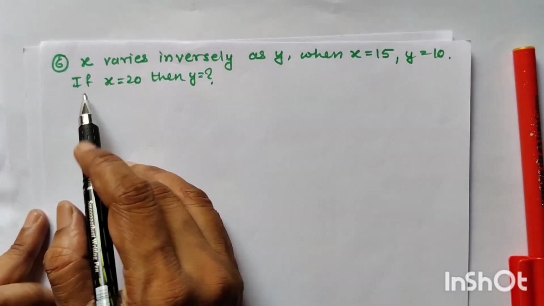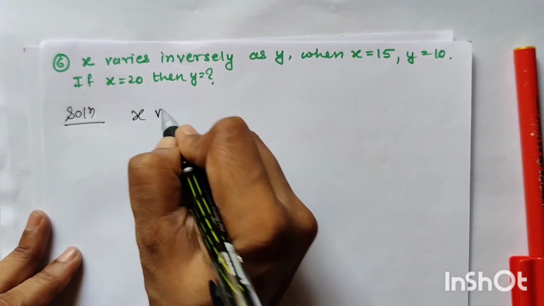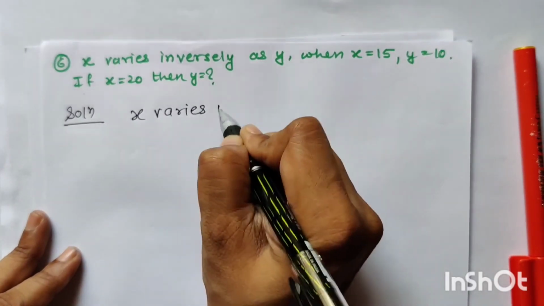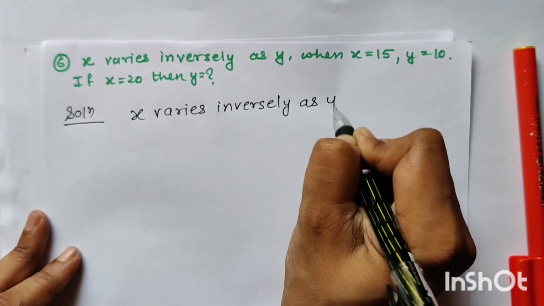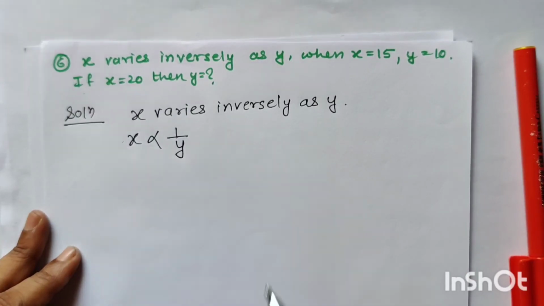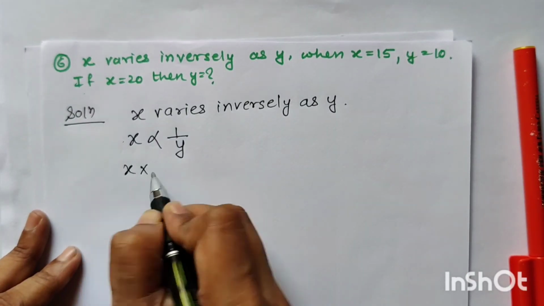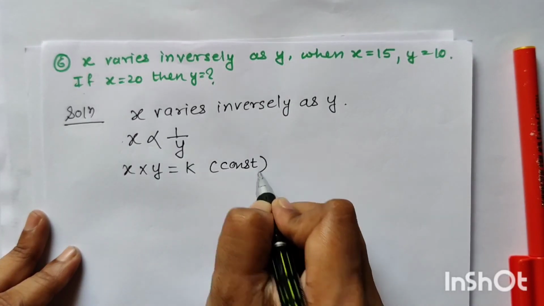Now see the last sum. Very easy. x varies inversely as y. So how to write in the statement form? x varies inversely as y. That means in equation form, x multiplied by y is equal to k, constant.